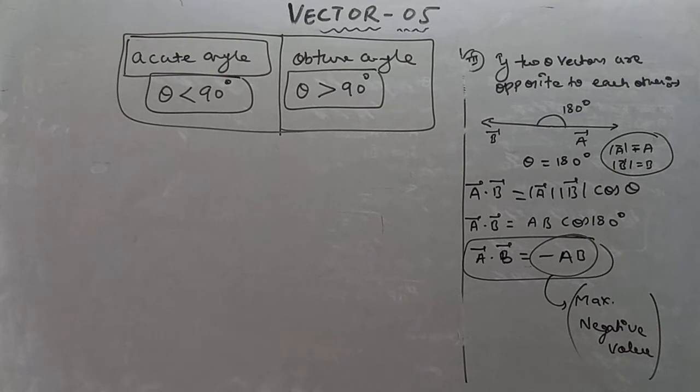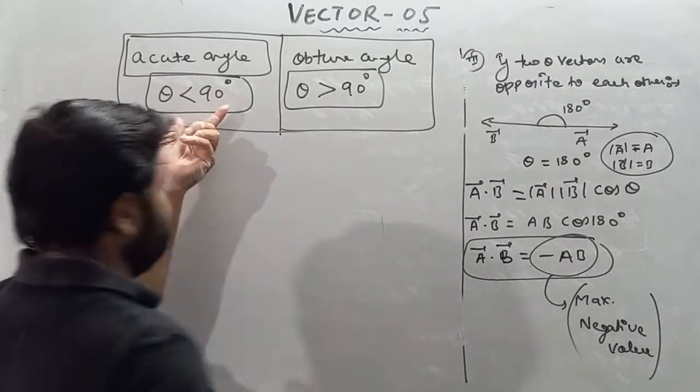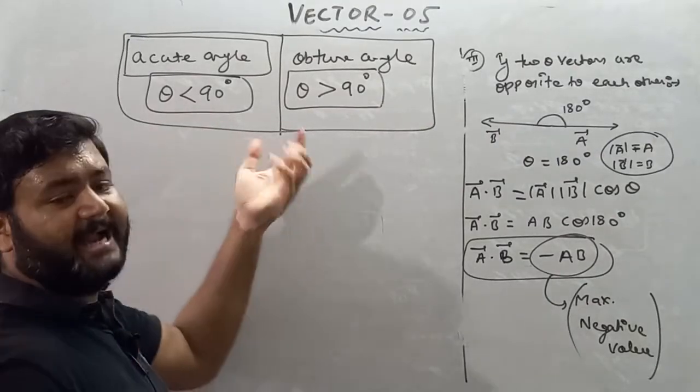So theta is less than 90 is acute angle, and theta is greater than 90 is obtuse angle.